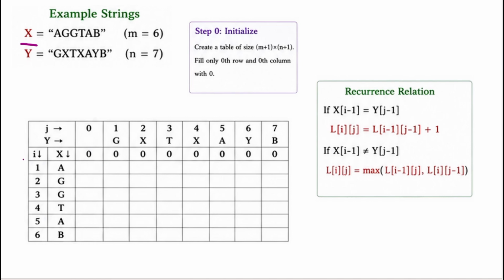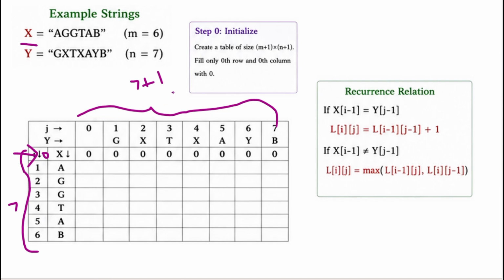So we need to construct 7 rows, starting from 0 and ending with 6. The number of characters in the Y string is 7, so here we construct 8 columns. Okay, 7 plus 1, 8 columns, starting from 0 and ending with 7.